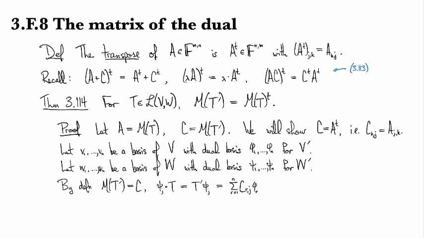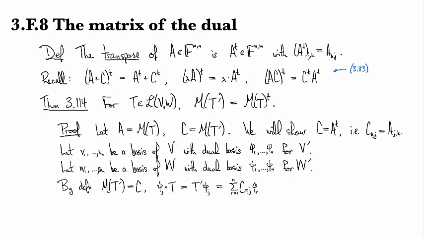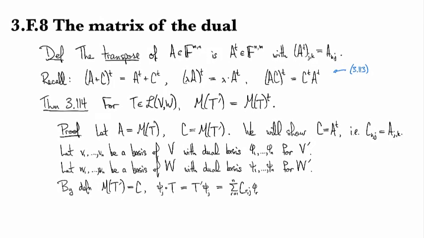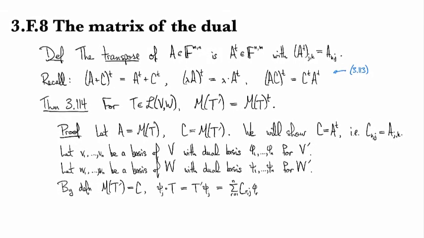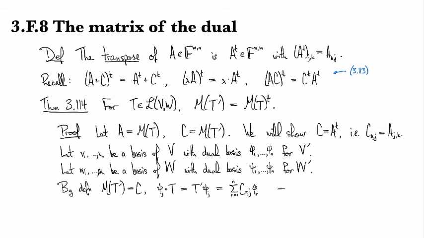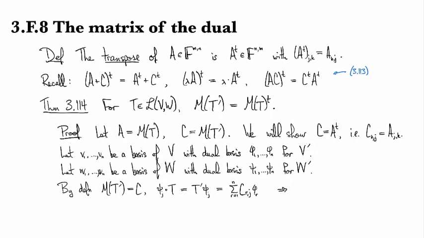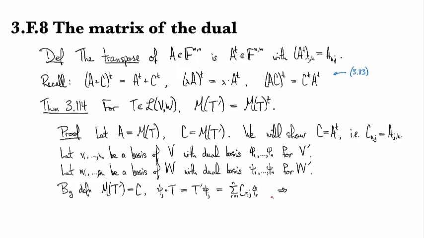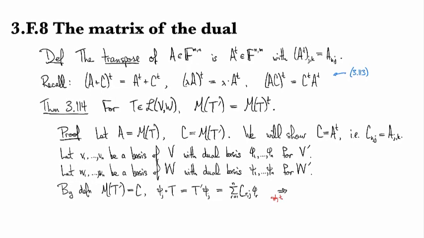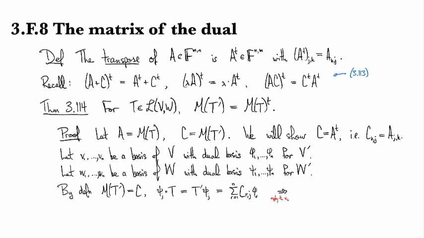So now let's apply this map to an element of the v basis. Applying this map to v_k, what do we have?